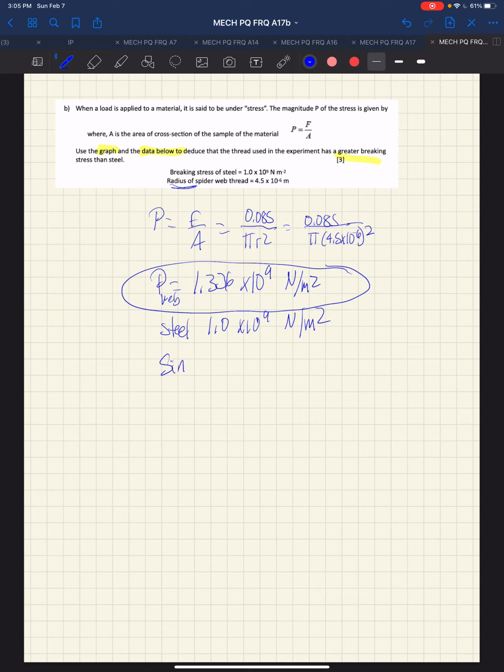So we would say since P web is greater than P steel, the spider web has a greater breaking stress. And that is part B.